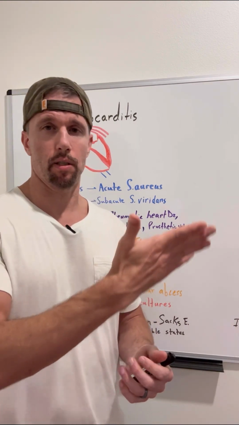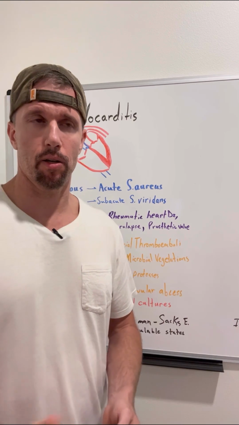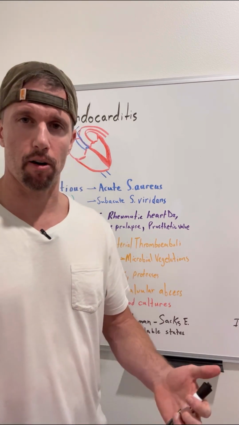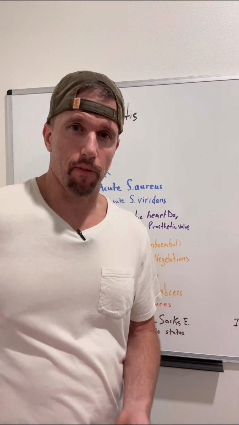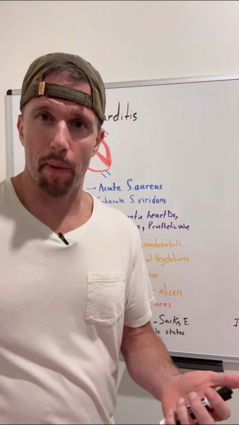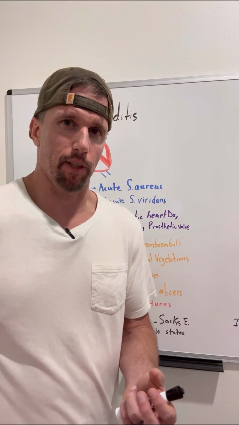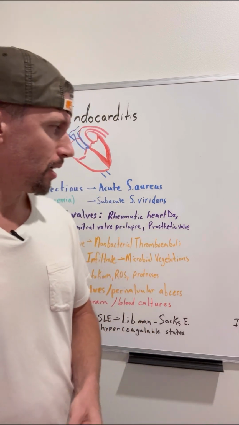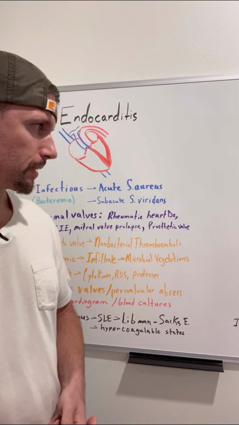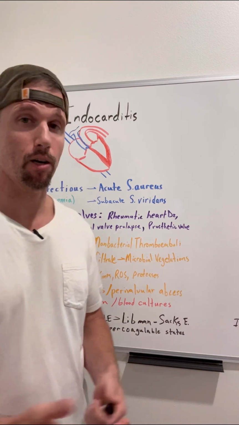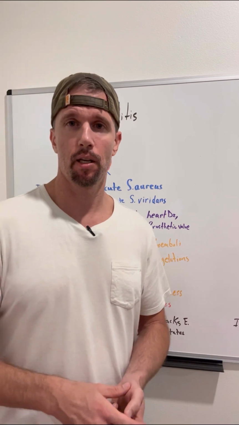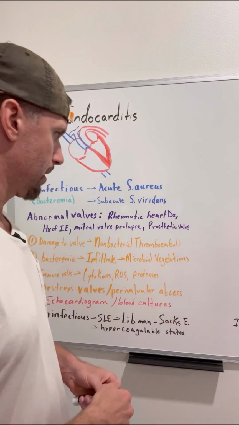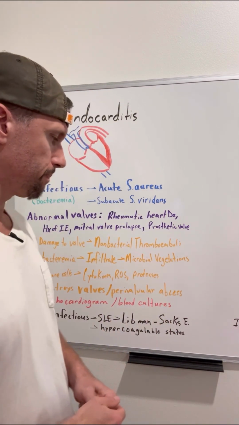It could go over to the spleen and cause an abscess there. It could go to the kidneys and cause an infarct or abscess there. It could go back into the vertebrae of your spine and cause osteomyelitis. It could go into the intervertebral disc and cause discitis. It can go just about anywhere in the body and cause problems. It can go into the little capillaries in your fingers, in the hands. So that's a big complication.